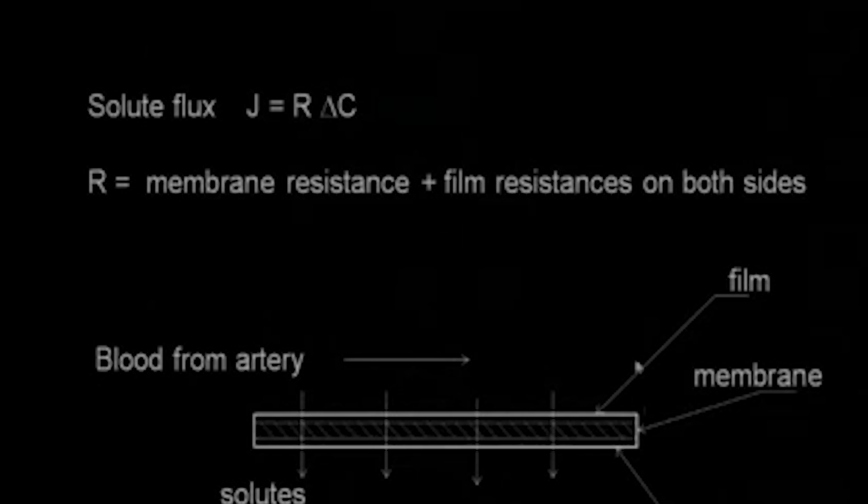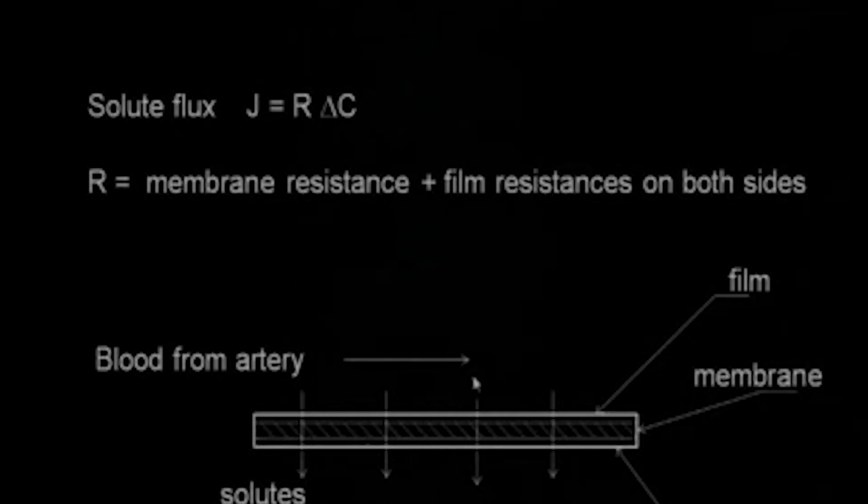The blood is flowing, dialysate is also flowing, although I have shown it as counter current, generally co-current is preferred. If you have the dialysis membrane, there is going to be a film on the blood side and another film on the dialysate side.